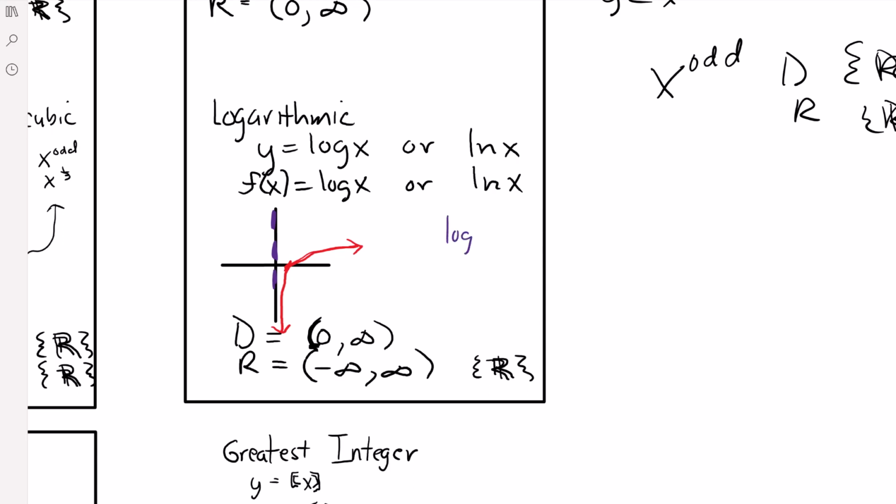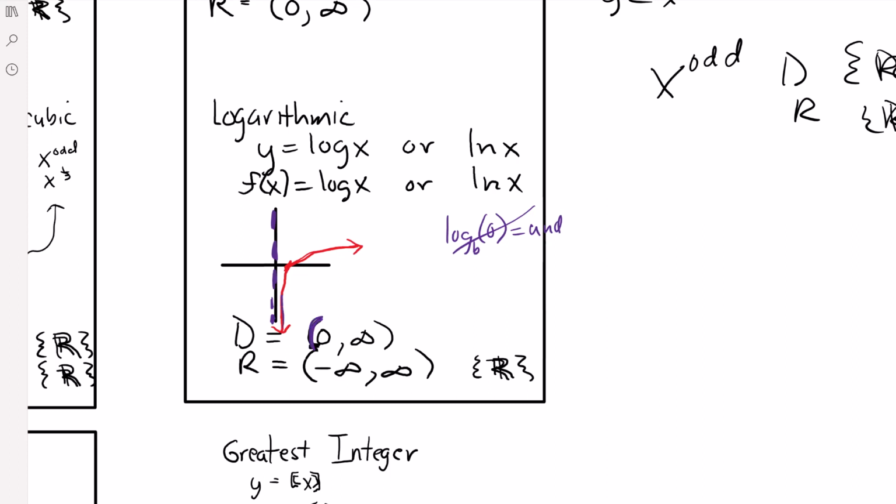The log of 0 for any base is undefined. So that means there's an asymptote right there. And an asymptote gets an open parentheses.